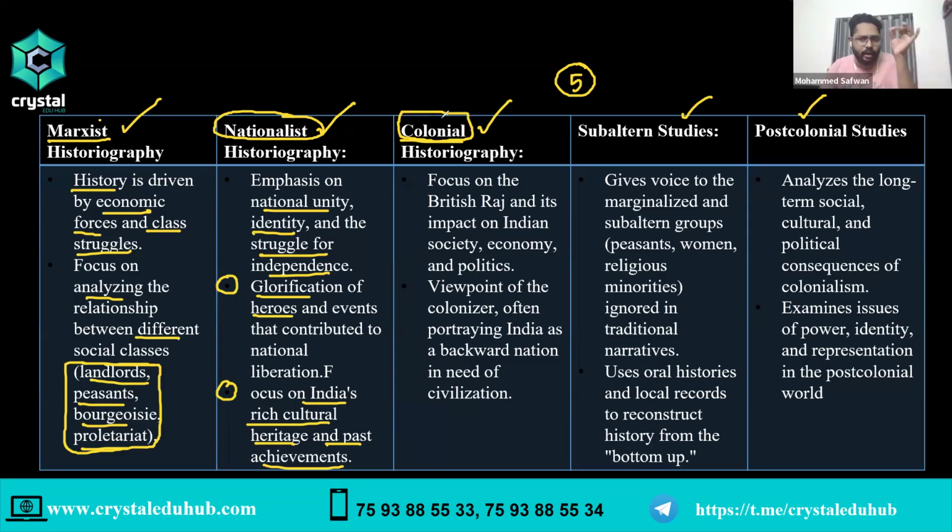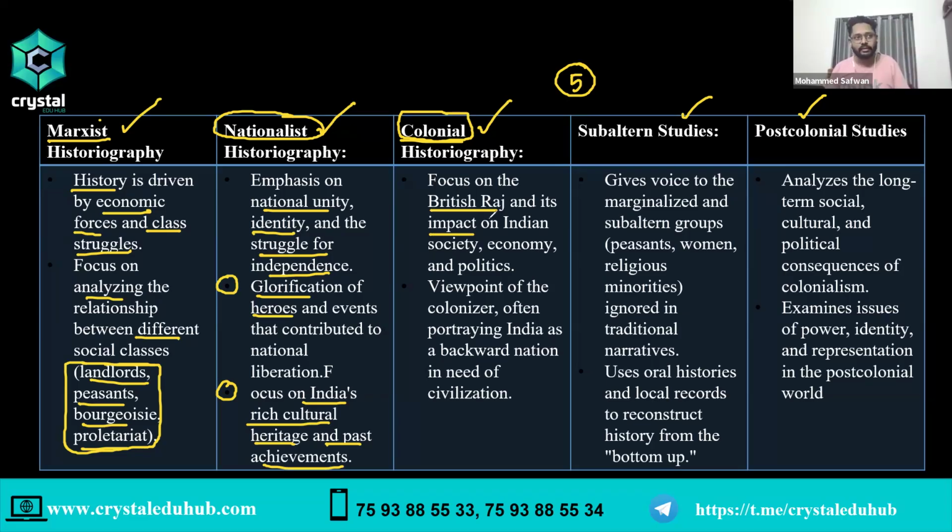So what will be their objective? Their objective will be to establish or legitimize the British Raj. They're saying that only with the arrival of the British did Indians get something more light in their life.